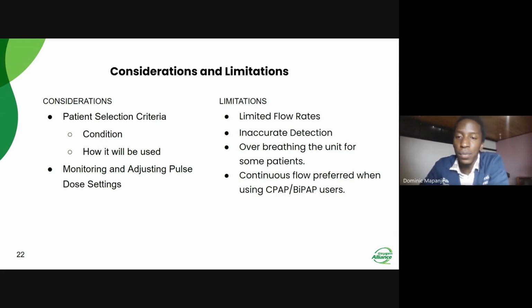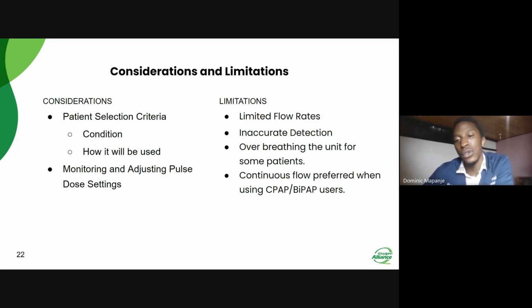There have also been issues of overbreathing the unit. That is to mean that you are having more breaths per minute than the unit can provide. So you are breathing more than what the machine can provide.